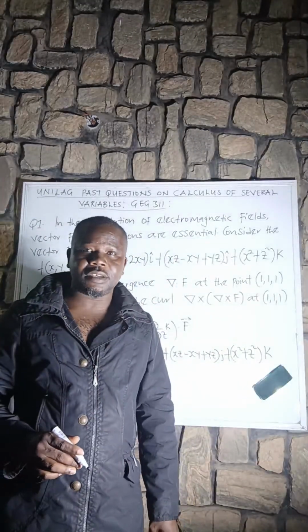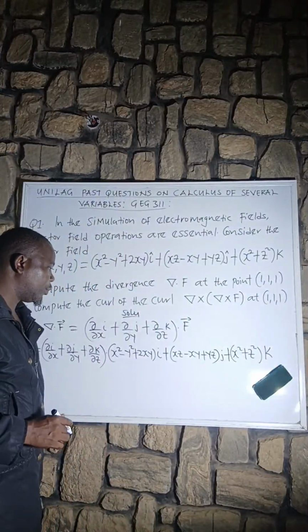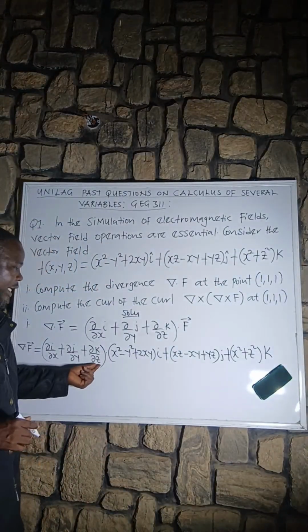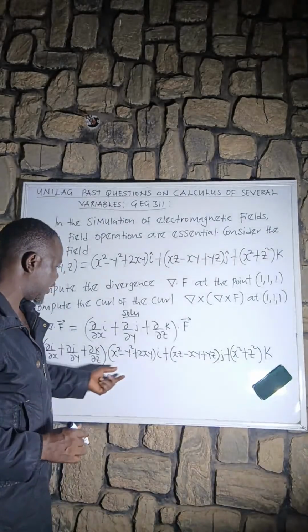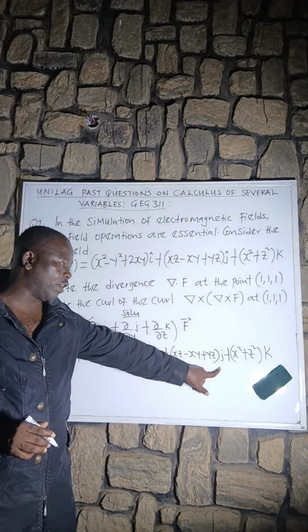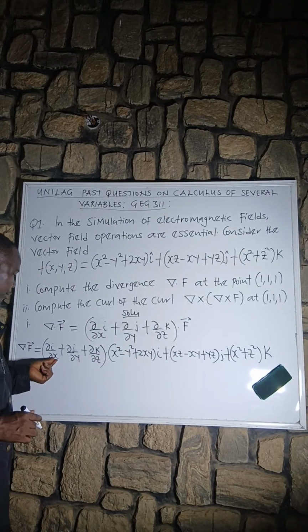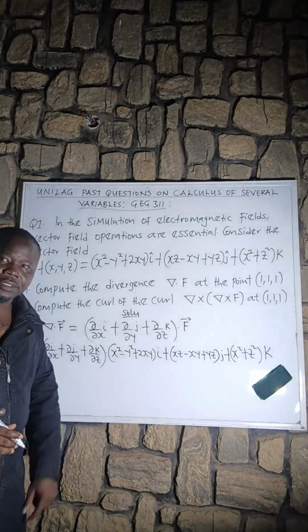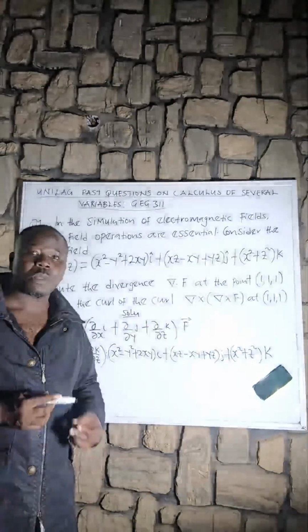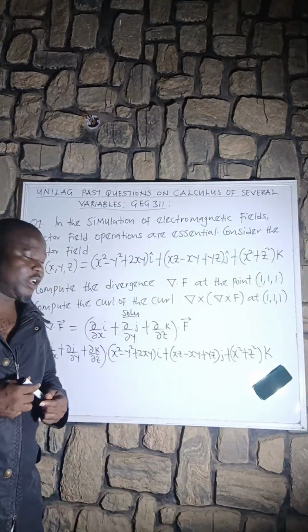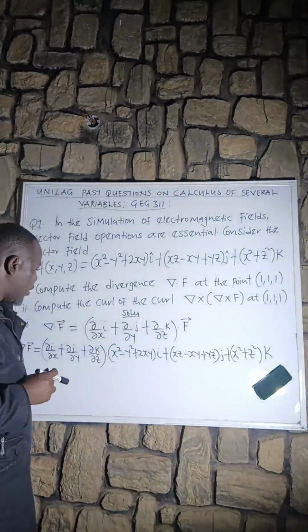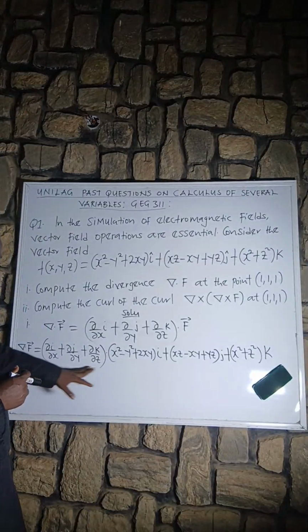Do you understand? Any question? So this implies that we differentiate this vector function partially with respect to x, y, and z. Are you following? Any question? No question? Okay, so let us proceed to differentiate.